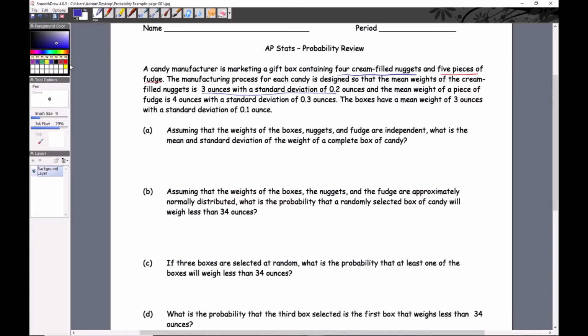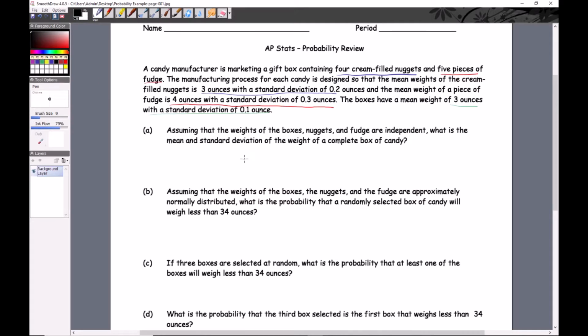And the mean weight of pieces of fudge is 4 ounces with a standard deviation of 0.3 ounces. The boxes, that's the third component, have a mean weight of 3 ounces and a standard deviation of 0.1 ounce. So I color-coded everything here.